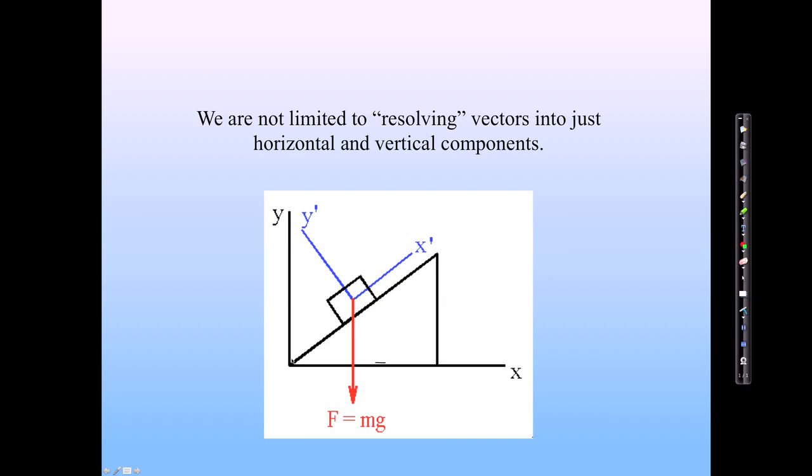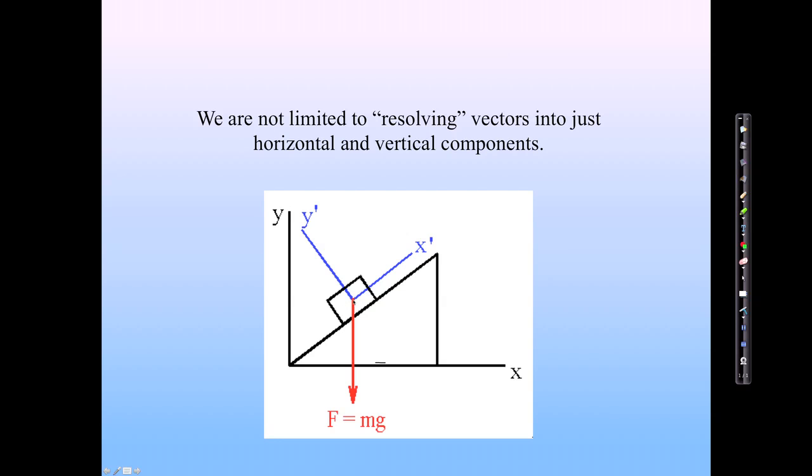And so in this case, we have Fg, which is the force due to gravity, which is equal to mg, and we'll need to figure out components of this in the x prime and y prime directions, right?